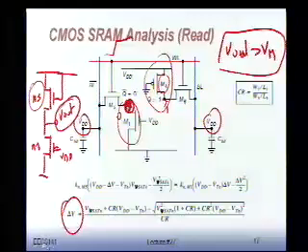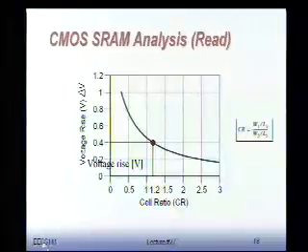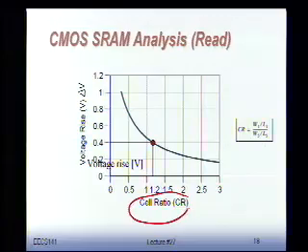And indeed, you can solve these things, and you can come up with some constraints, and you can see how the voltage rise goes as a function of the cell ratio, and the cell ratio is the ratio of transistor M1 over M5. So you can see that M5 gets stronger and stronger and stronger. Delta V goes up, and at some point in time here, the cell fails.